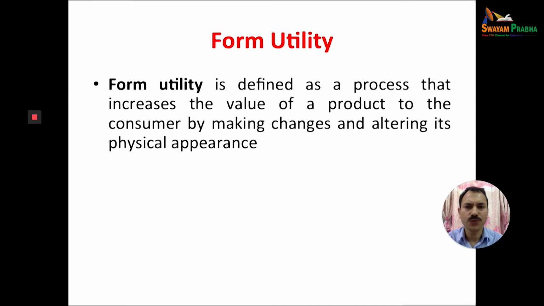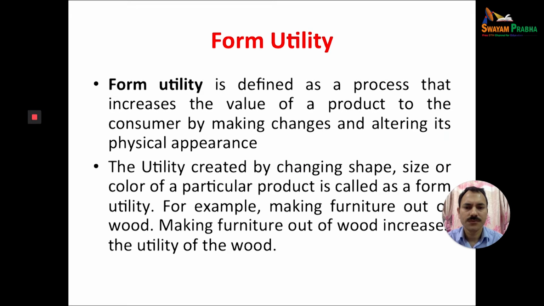First, form utility. Form utility is a process that increases the value of a product to the consumer by making changes or altering its physical appearance. When a person alters a commodity, that is called form utility.